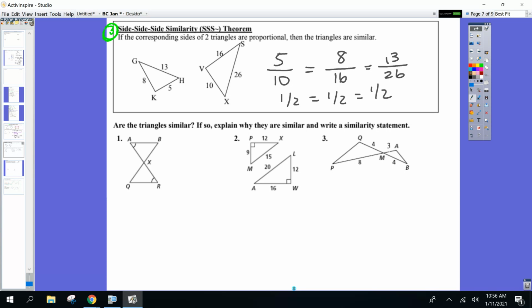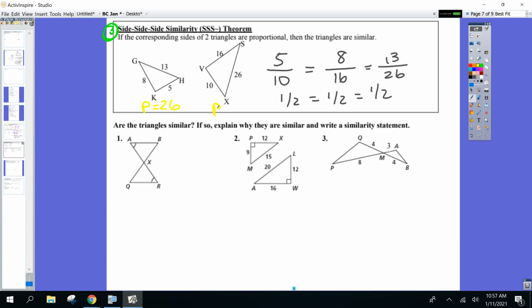Oh, also, before I move on, let me go back to the side, side, side one. I wanted to make a point here. You have calculators, but I don't think you need them. Can you find the perimeter of the smaller one real quick for me? 8 plus 5 plus 13, 26.